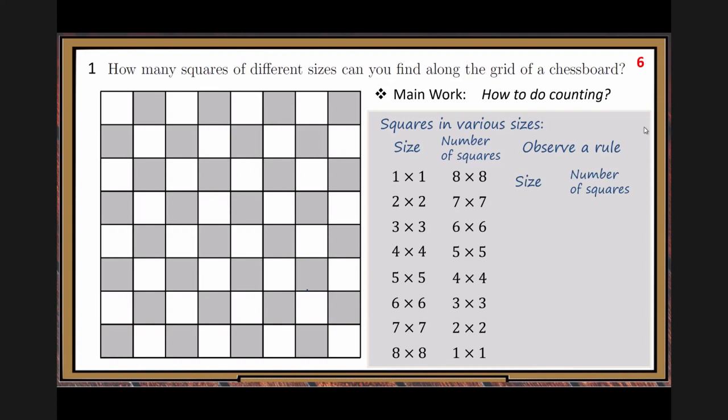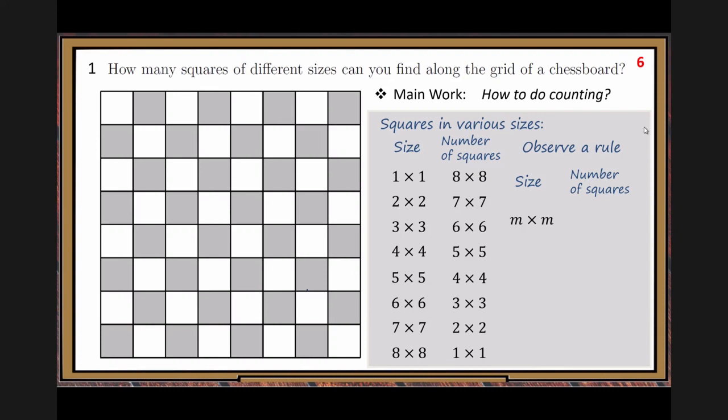Here, can you see some interesting rule between size and the number of squares? You have seen it. Here, I want to put it here. Do the summary.